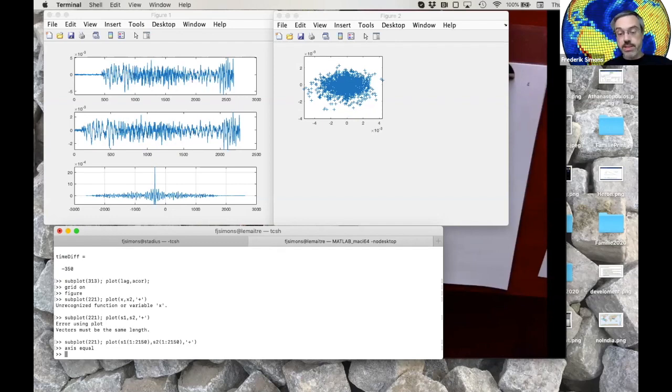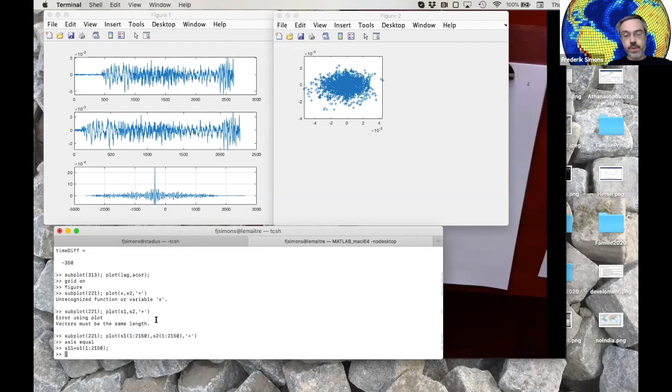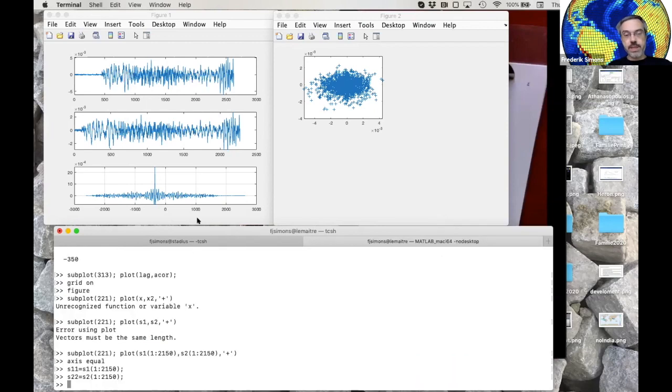If we're not in the same units, let's do this. Let's say S11, just for simplicity, is the first ones of those. S22, I just want to shorthand, is this. I'll make it bigger so you all can see it.